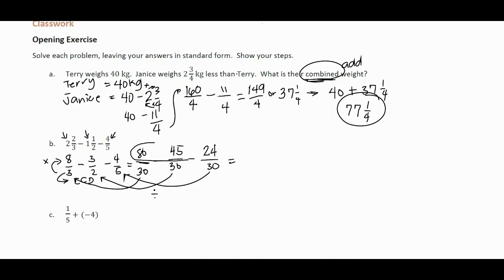Now we can operate all of these because the denominator is the same. So 80 minus 45 is 35, minus 24. Do not forget the 24. So 35 minus 24 is 11 over 30. As you can see, we cannot simplify 11 over 30 anymore. Therefore, that is our final answer.